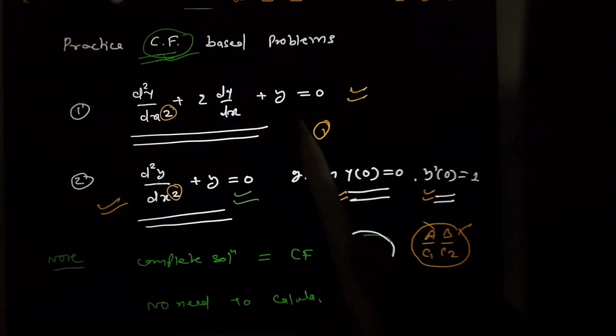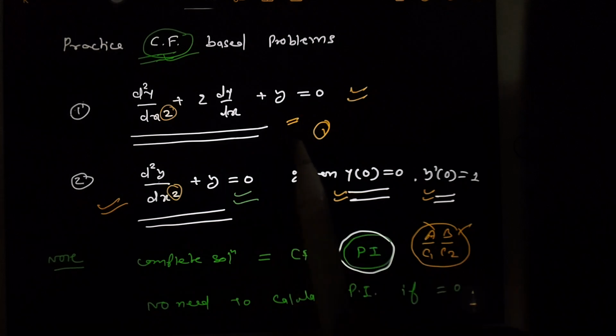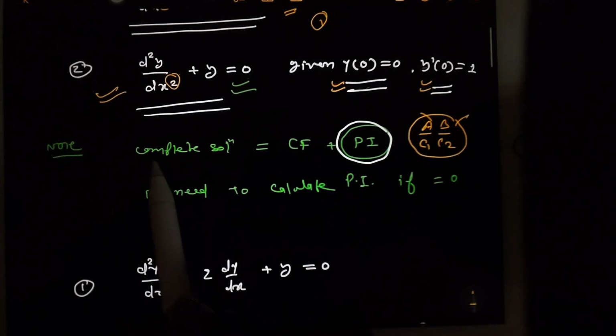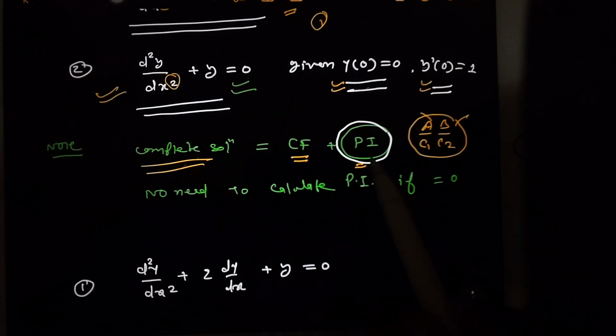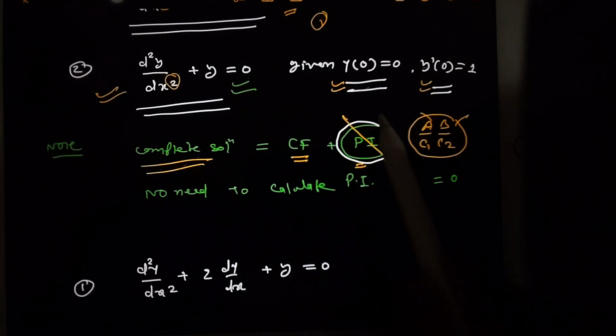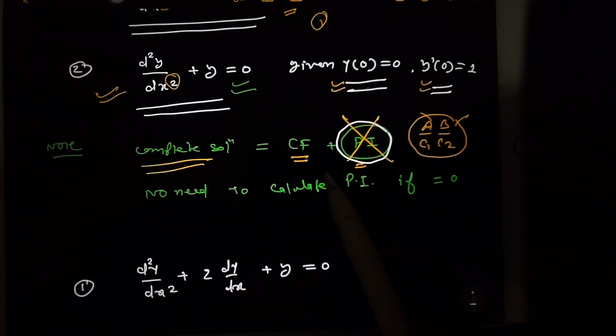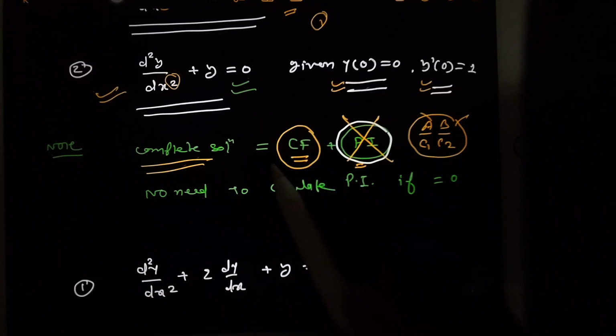Okay, because problem 1 I will explain completely. So first you understand, a complete solution always contains complementary function plus particular integral. You should know in which case we will not calculate particular integral: when there is an equal to 0 case. Then complementary function itself you have to calculate, and that will be your complete solution.